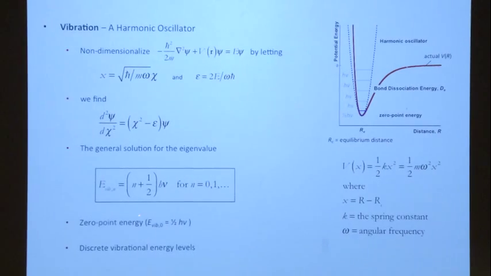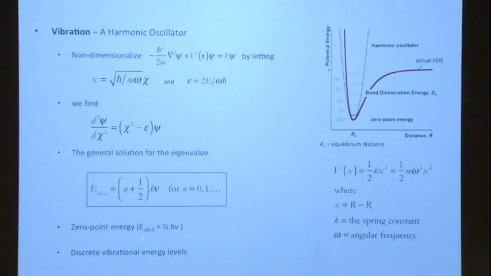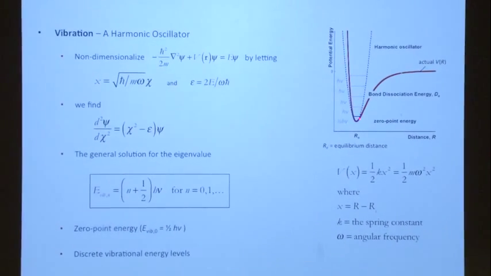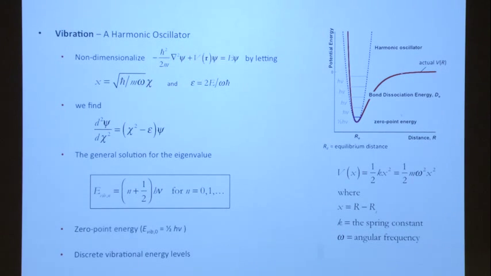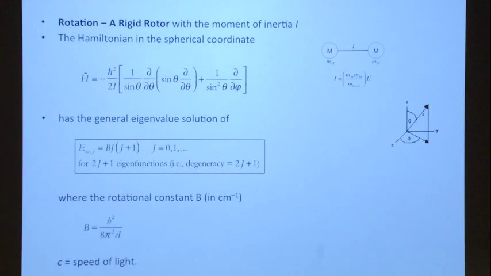We discussed the concept of zero-point energy, and we take a real potential energy function, made an approximation such that it becomes harmonic, a harmonic oscillator. And with this harmonic oscillator assumption, we're able to label the various vibrational energy levels feasible for a particular harmonic oscillator of a particular strength.